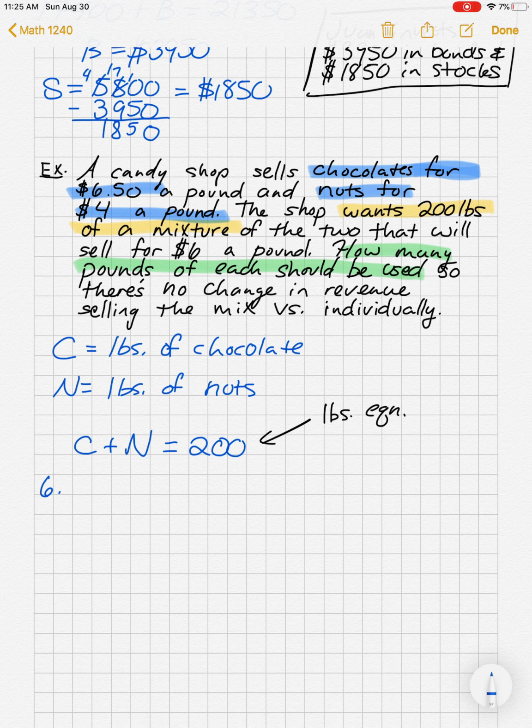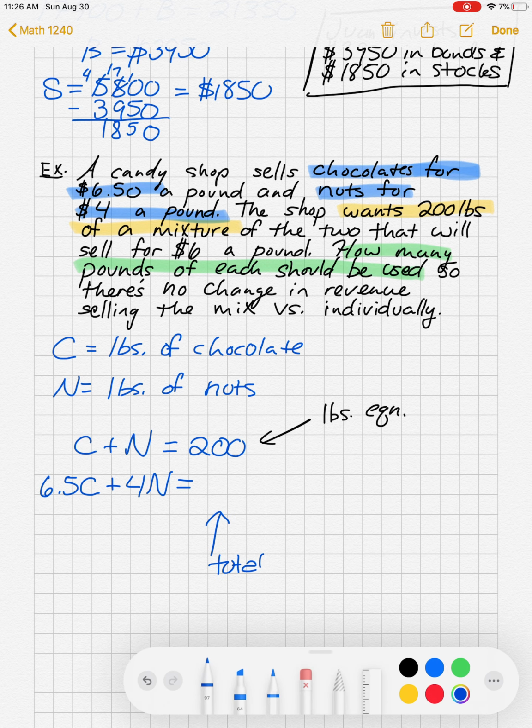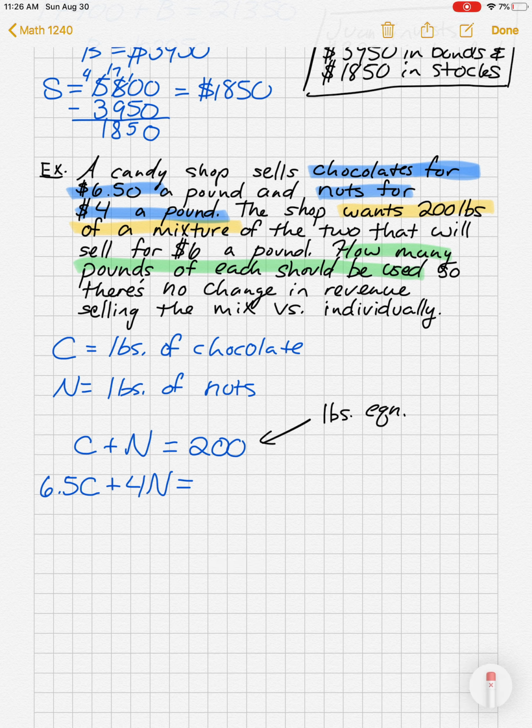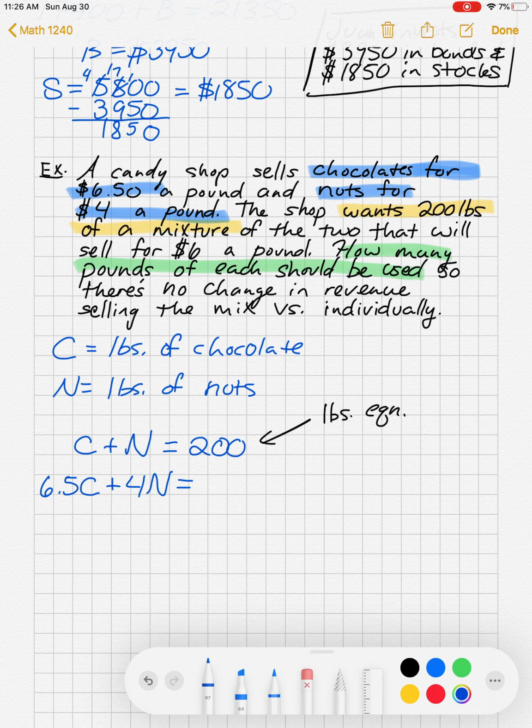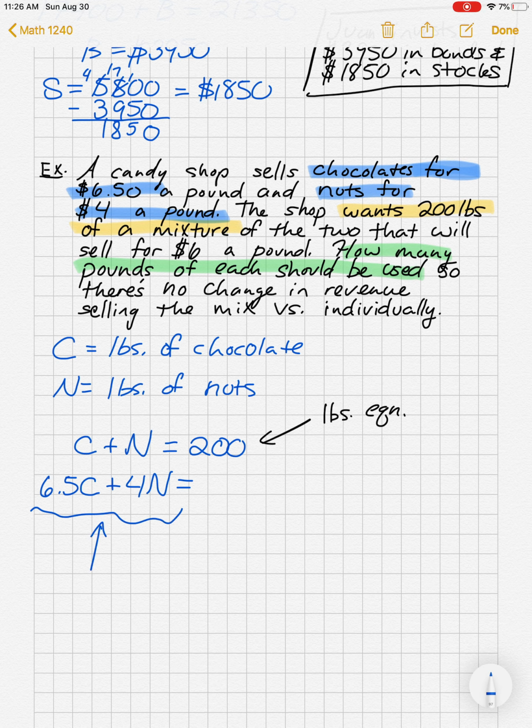So if I take $6.50 and multiply it by the pounds of chocolate, $4 and multiply it by the pounds of nuts, that's going to add up to the total revenue. Let me say it this way. This would be the revenue from selling the nuts and chocolates separately.